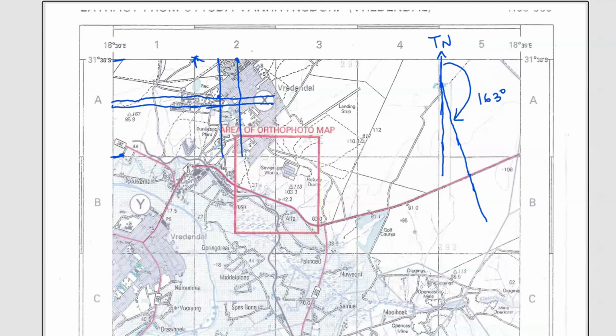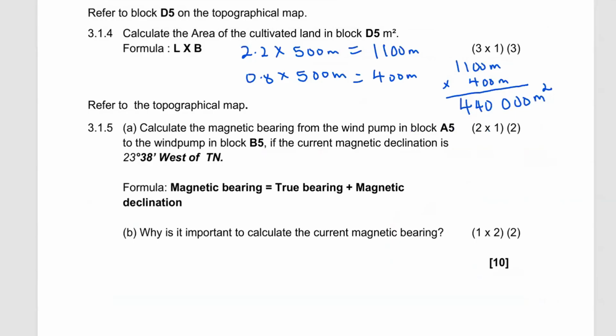Then with that value, we want to calculate the magnetic bearing. Our magnetic bearing is true bearing plus magnetic declination. That information of magnetic declination is already provided, so we just use the true bearing information.